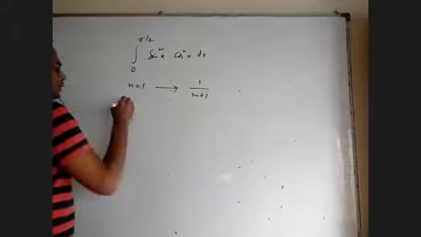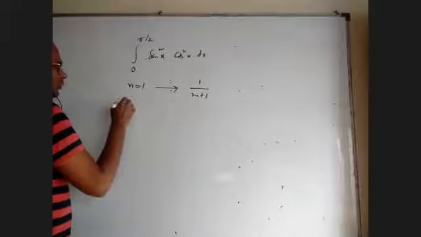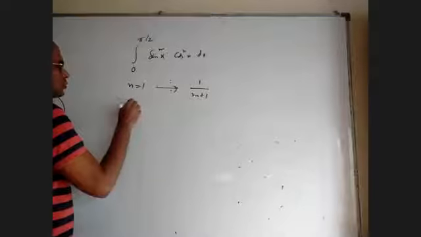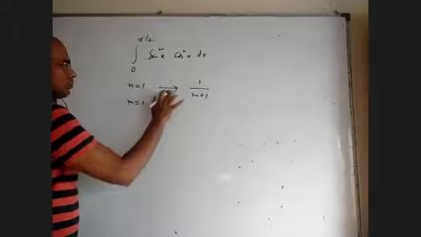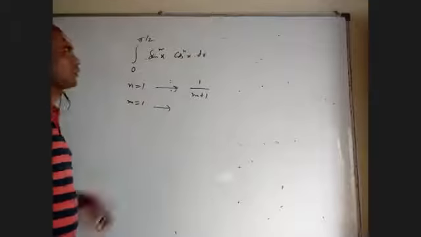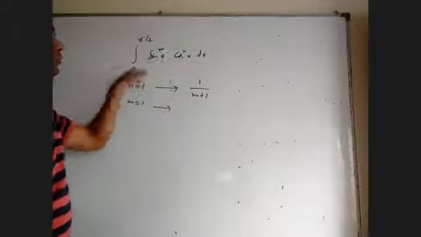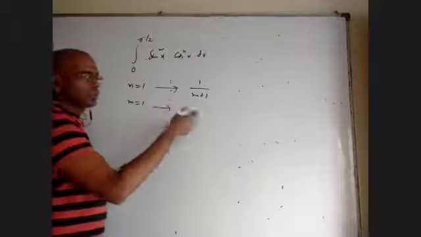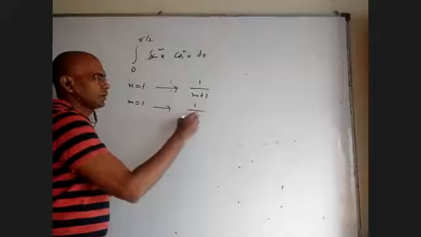Next, when you put m equal to 1, you can take cos x as t, so sin x dx will be minus dt. You'll get t power n plus 1 by n plus 1 in limits. You'll get minus of minus, which will be 1 by n plus 1.